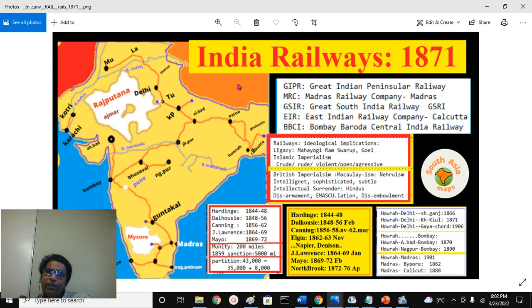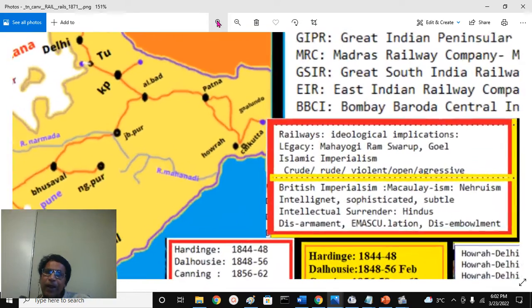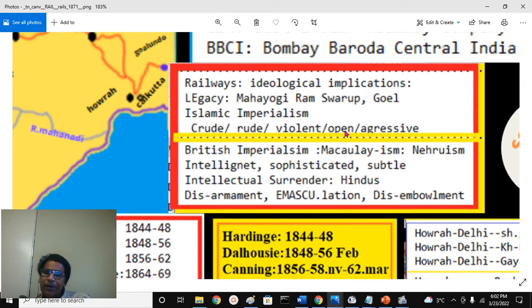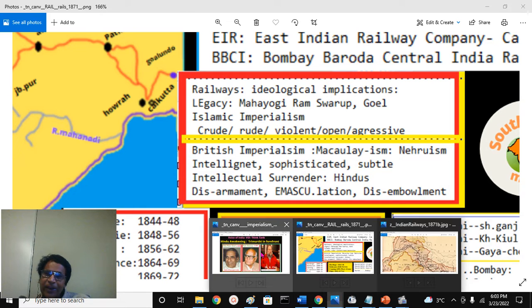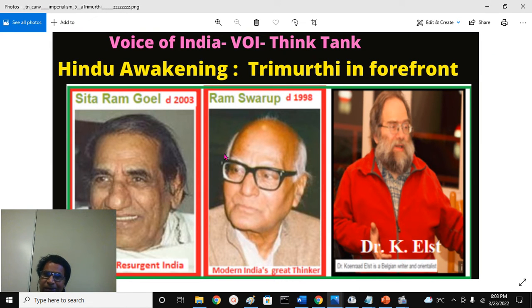And we have to keep in mind the railway building also has ideological implications. These are the unintended or intended consequences by the British. A lot of people are not aware of the way you look at it. The intellectual Kshatriyas of India, Ram Swarup, Sita Ram Goel, Koenraad Elst, their works indicate this. They played a very key role in the Hindu awakening in the later part of the 20th century, called the Trimurti of Hindu Renaissance.